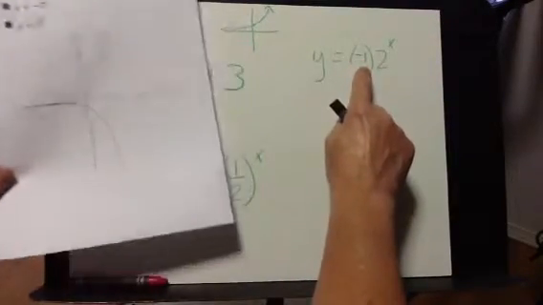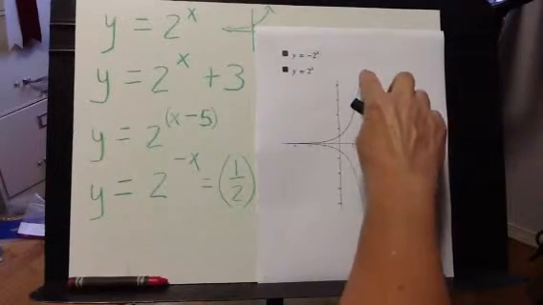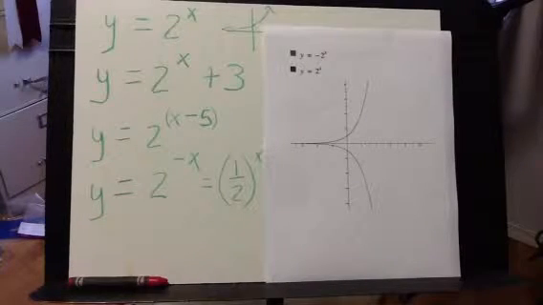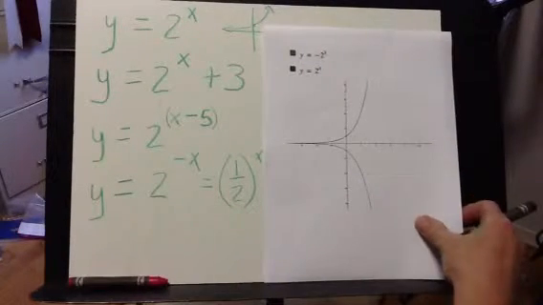That's a negative leading coefficient, which should flip this graph over. And sure enough, here's our parent function, and here it is flipped across the x-axis. So that's a vertical flip. Some will say it is a flip across a horizontal line, or reflected across the x-axis. All of those would refer to that function.